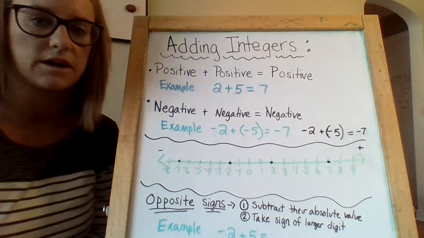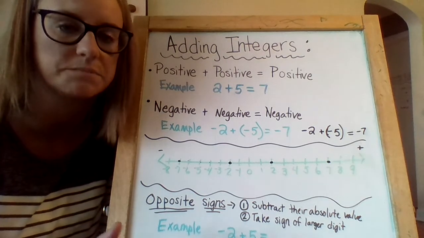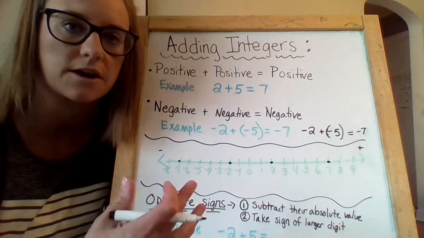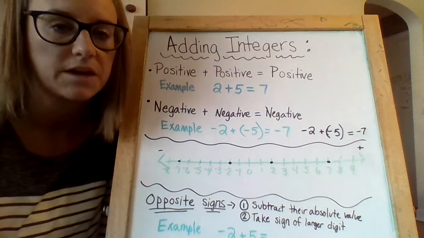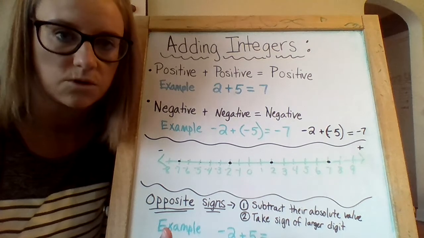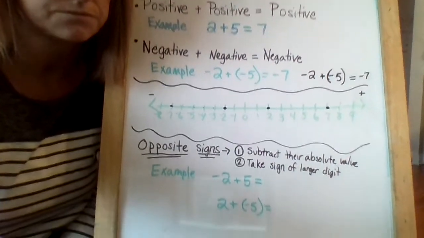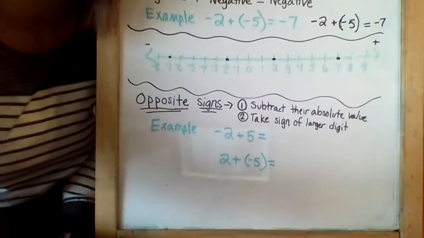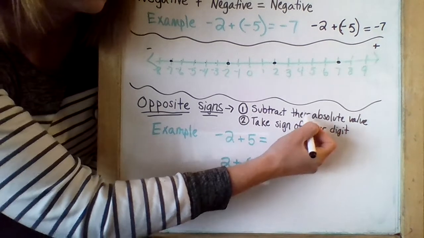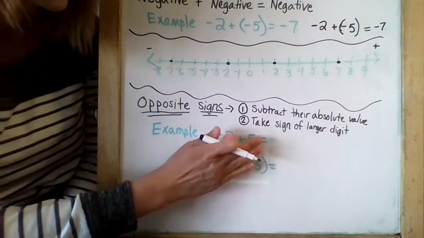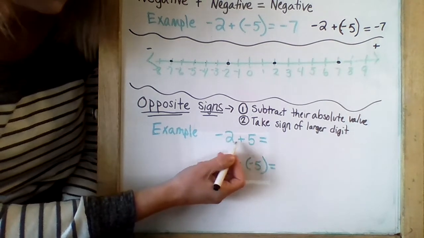Lastly, the harder one is when you're adding integers, sometimes you can have opposite signs, meaning you might be adding together a positive with a negative or a negative with a positive, either way. So we have to have some rules for when we do those. The first thing that you're going to do is think about those numbers as their absolute values. So you're going to subtract them with their absolute values. In my example, I have negative 2 plus 5.